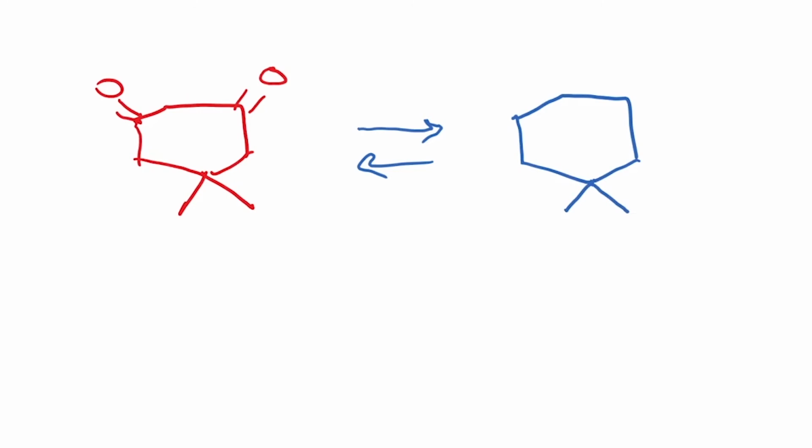If it forms an enol, the structure of the compound will look something like this: C double bond O, OH, and this hydrogen. Now, what is apparent from the NMR spectrum is that if it's an equilibrium between these two structures, then the methyl groups over here are quite far away from the enol, and therefore you would see only a small shift in the NMR spectrum.